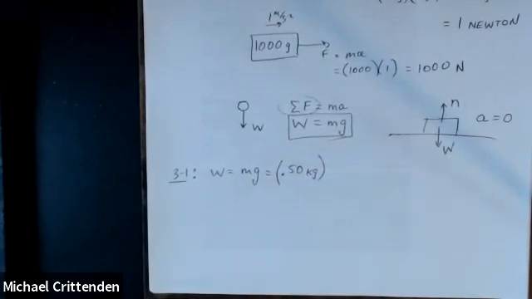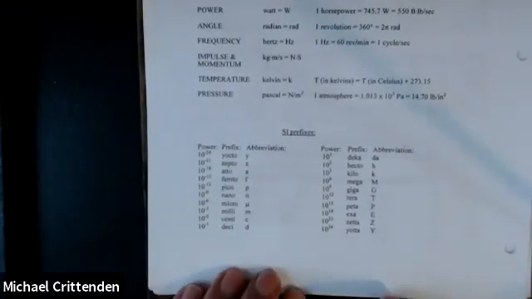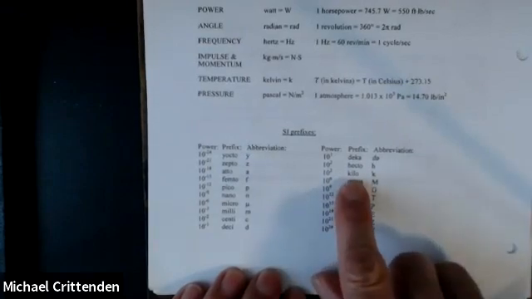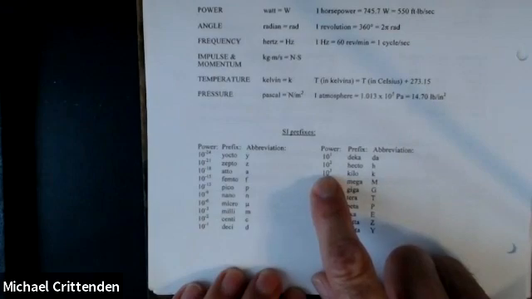People sometimes, oh, I can't remember, do I move the decimal 2 places or 3? Well, as I've said before, the formula sheet is your friend. And right in the middle of a test, you get to use it. It says right there, kilo stands for 10 to the 3rd power. So that means you move the decimal 3 places.